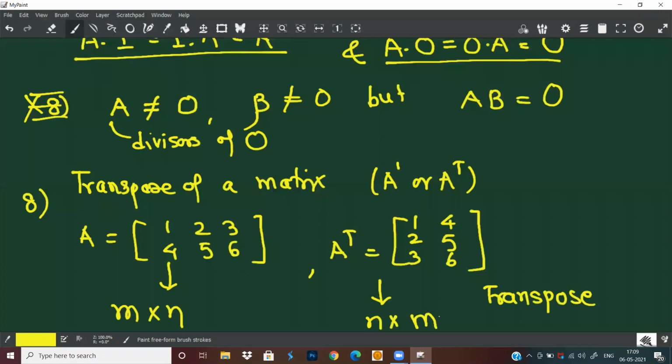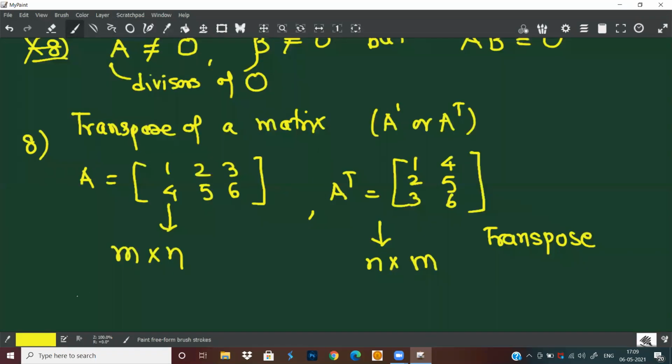Transpose. Rows are written as columns, columns is written as rows. Now, just for your test, remember a few things. Determinant of A is same as determinant of A transpose. Must remember this.